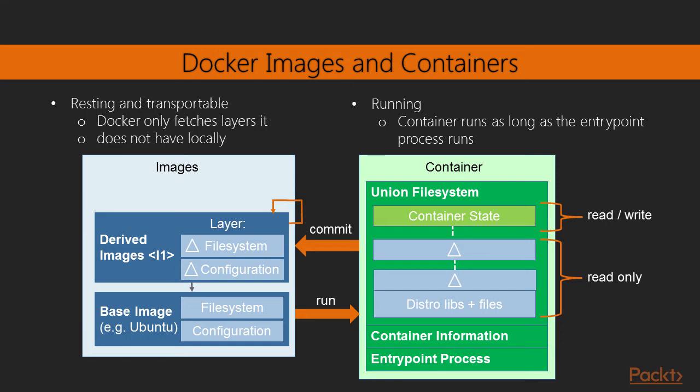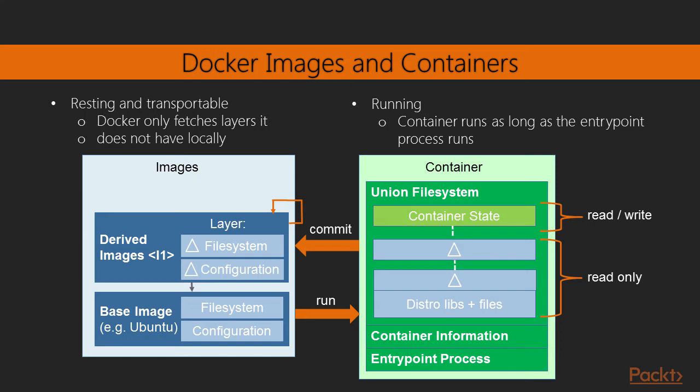If you take such an image and you run it, then you will get the container. So the container is the running state of an image. What happens here? First of all, those base image layers are merged into one union file system.